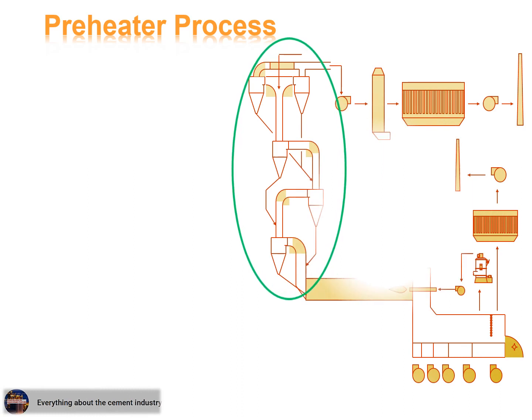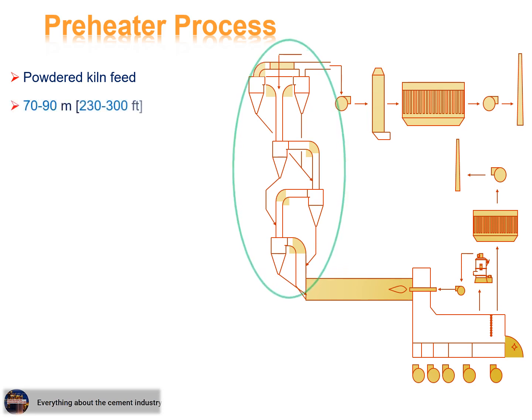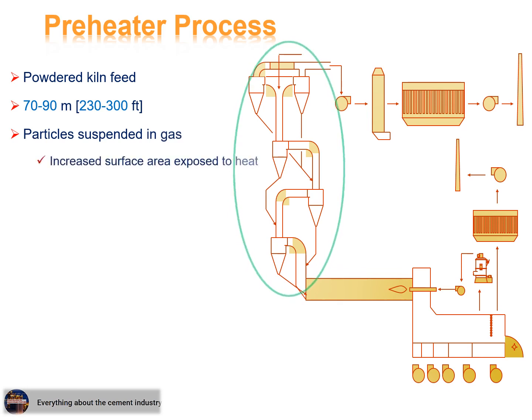3. Preheater process. Powdered kiln feed. The length is approximately 70 to 90 meters. Particles suspended in gas, increased surface area exposed to heat. Improved heat transfer. 50 to 65% calcination.